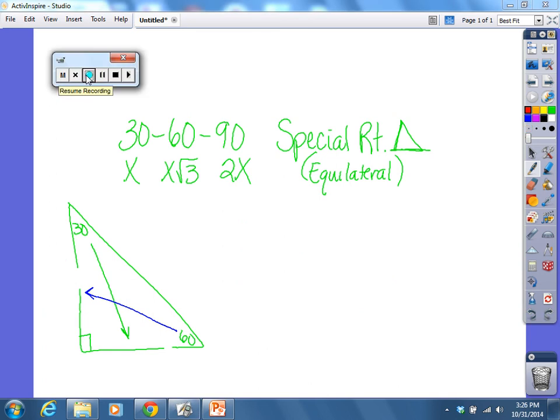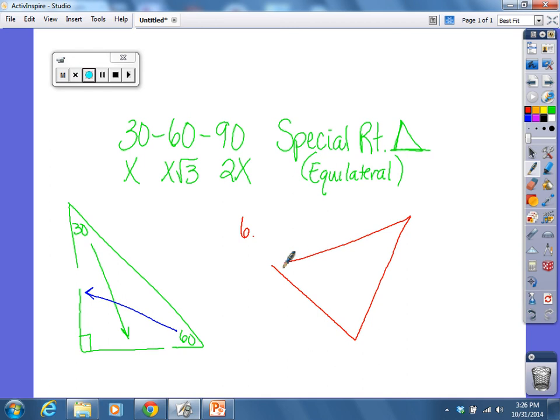Okay, now on your homework, the practice worksheet, not the trig, but the practice worksheet, for number 6, you had a problem that looked kind of like this. And they show you that these two base angles are alike, and the hypotenuse is 9 square root of 2. Okay, what do we remember?